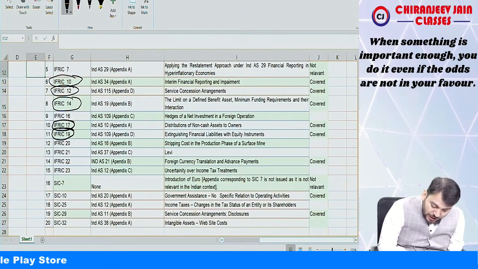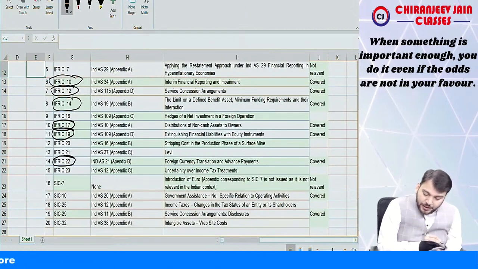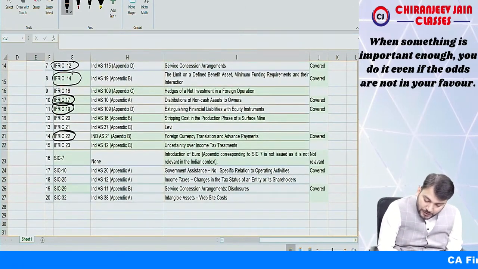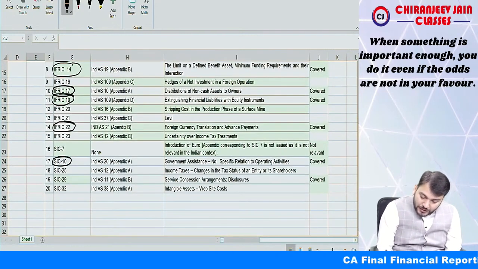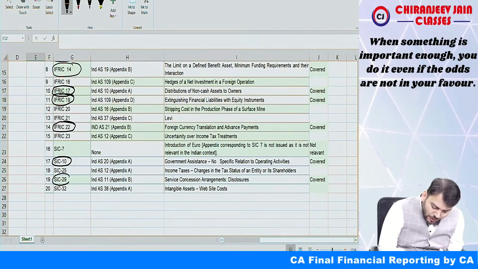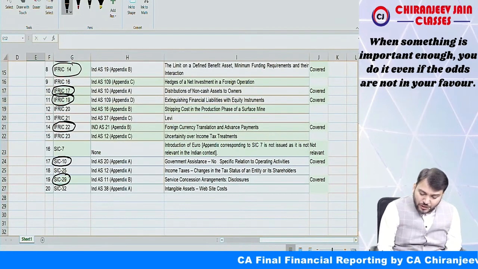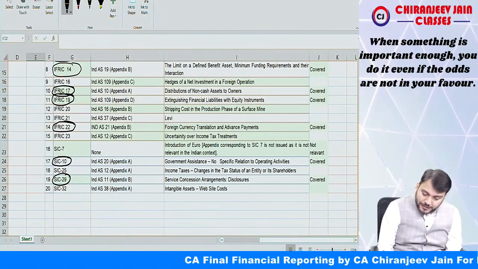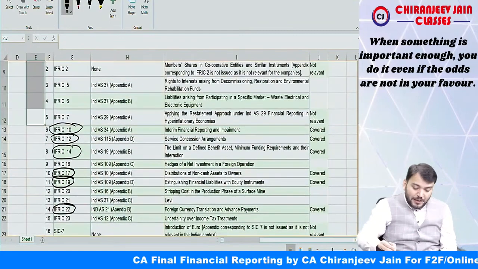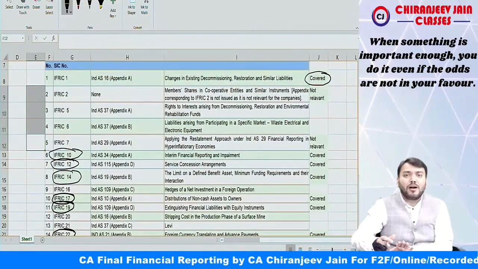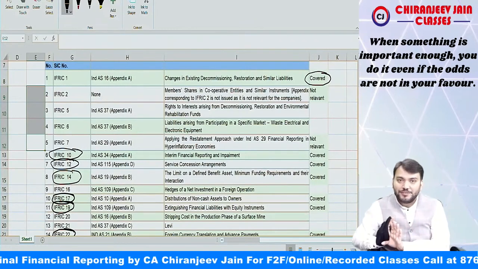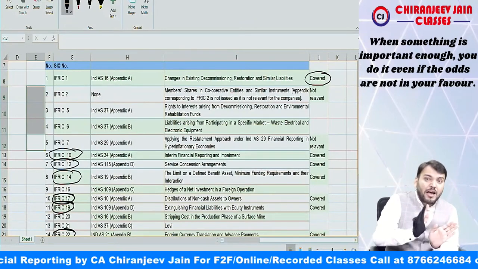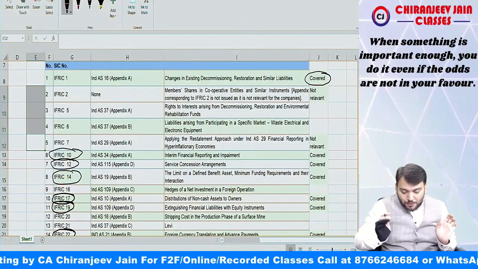Then this IFRIC 22 has been covered, I hope. Then this SIC 10 has been covered. Then this SIC 29 is automatically covered because it is also based on service concession arrangements. Correct? So these are already covered. The balance, it might happen they are not covered, so I will do them. Don't worry, all the IFRICs will be covered in class, even if you have done them in your FR paper. Understood? I hope you have understood.